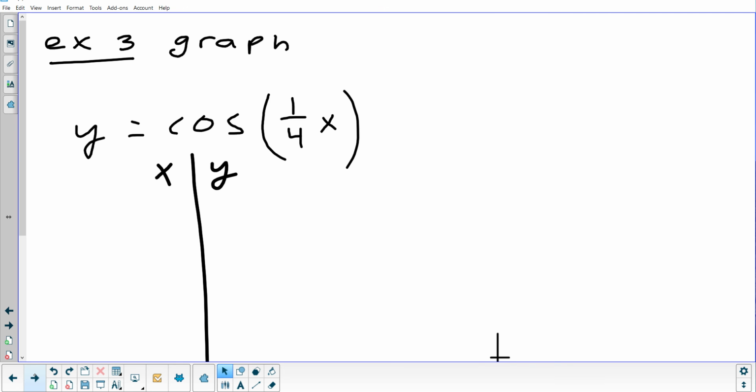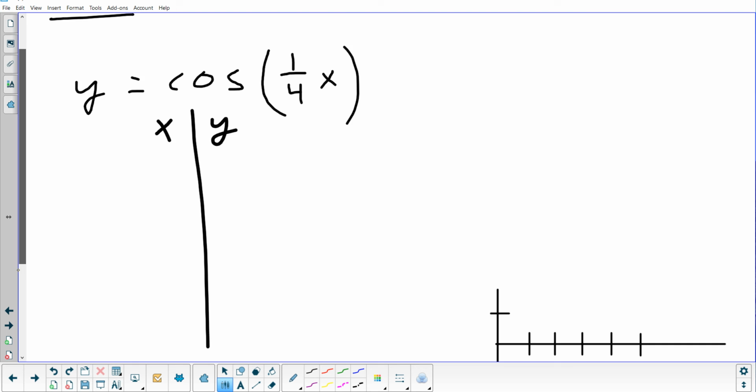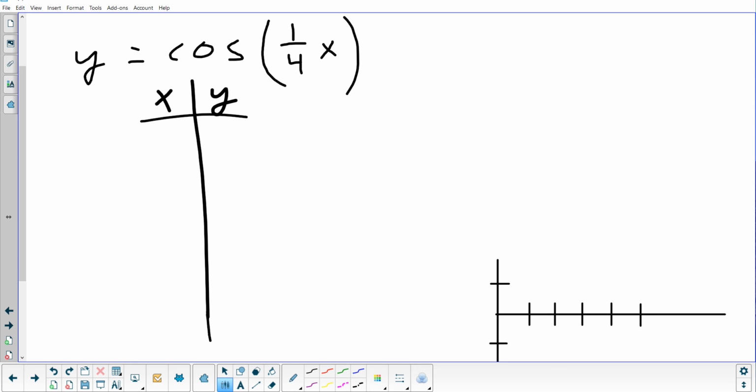Okay, so what values do not change when we do a horizontal stretch or compression? Yep, the y's. And can somebody tell me my y values for cosine? This is where you don't want to mix them up with sine. Is it 1, 0, negative 1, 0, 1?